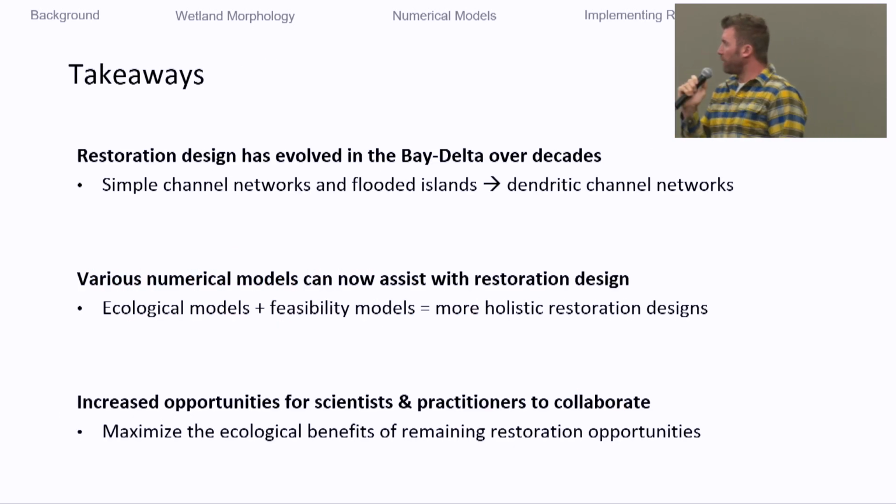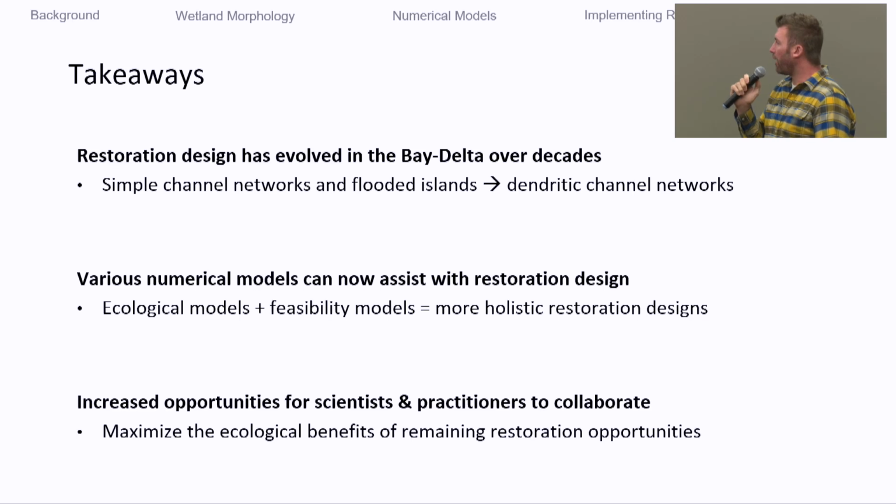All right, so the takeaways. Restoration design has evolved in the Bay Delta over the decades, and simple channel networks and flooded islands have largely been replaced in the design realm with more dendritic channel networks. Various ecological models can now assist with restoration design.